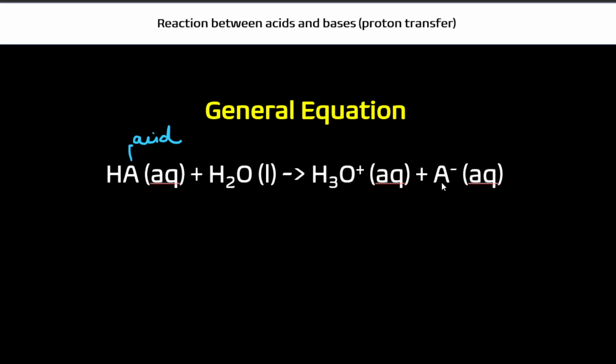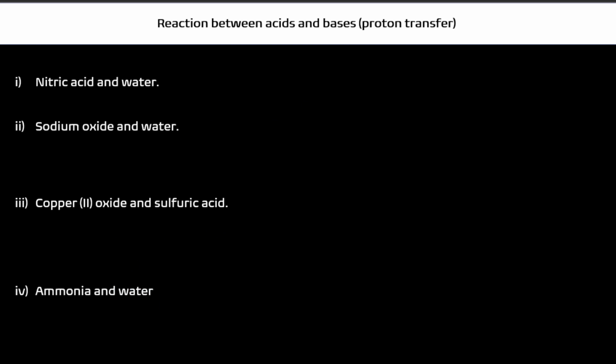This might look weird to you, but it's essentially saying that since it is an acid, it could be anything such as HNO3, HCl, H3PO4, or H2SO4. It could be any acid at all. Let's take a look at the equations in the next part.